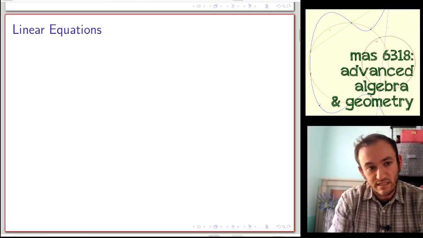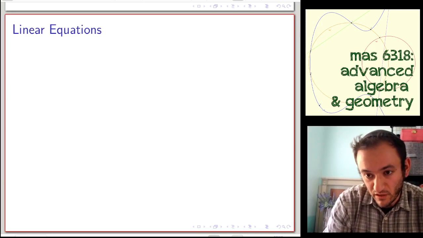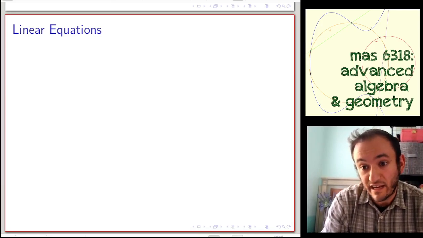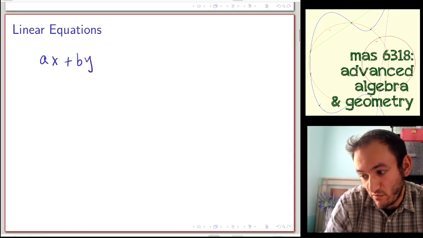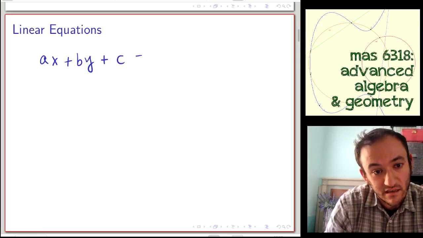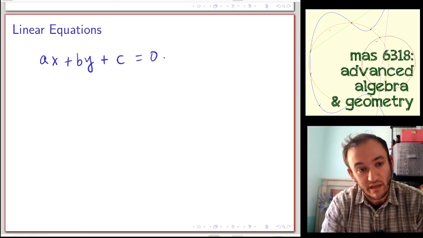So let's start with the simplest possible polynomial equations defining an algebraic variety, and those are linear equations, equations of the form ax + by + c = 0.